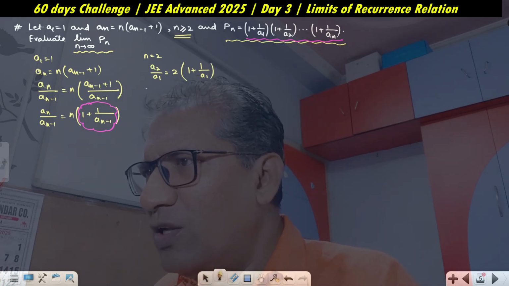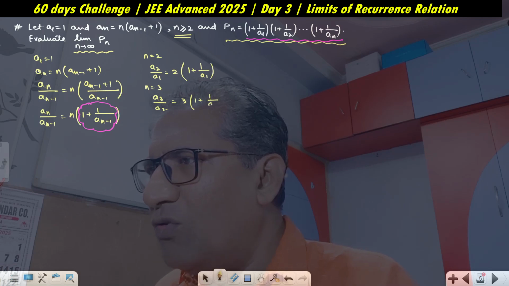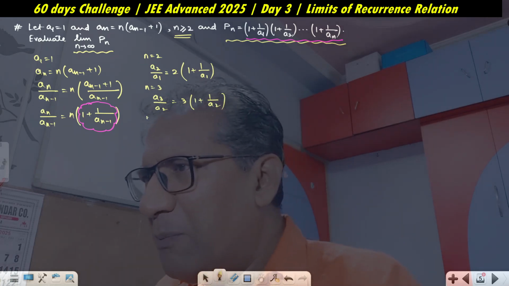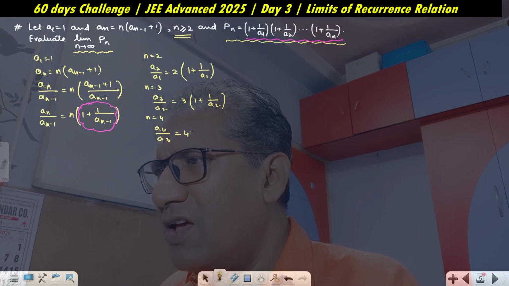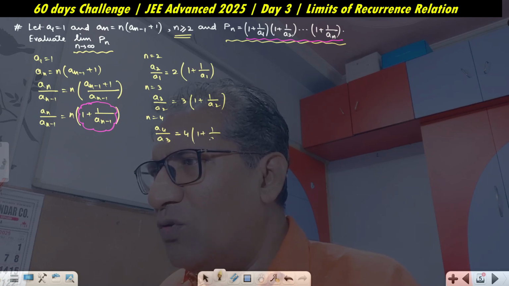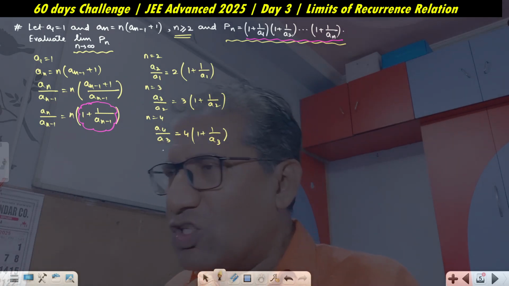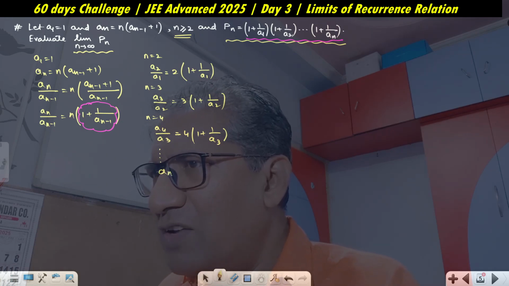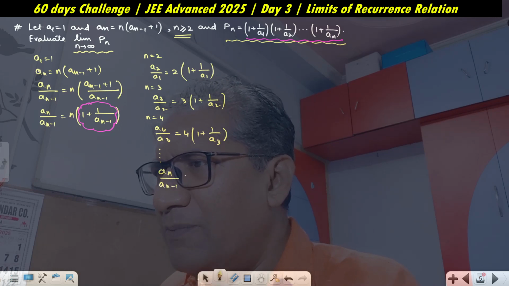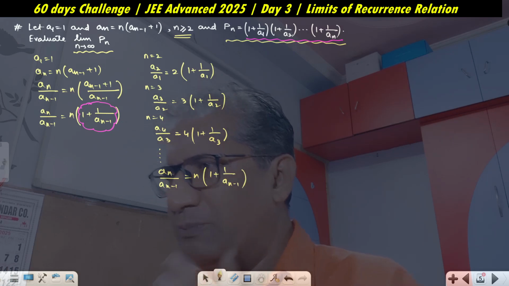Now let me put n equals 3. So we have a3 over a2 is 3 into 1 plus 1 over a2. Then let me put n is 4. We have a4 over a3 is 4 into 1 plus 1 over a3, right? And this thing goes on. So when we put n, the last term will be a_n over a_{n-1} is n into 1 plus 1 over a_{n-1}, right?